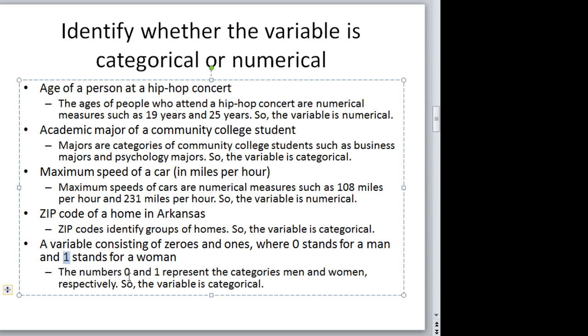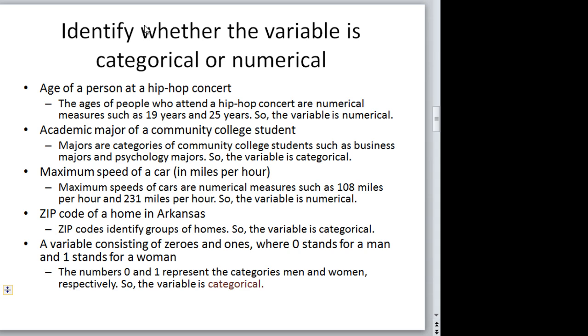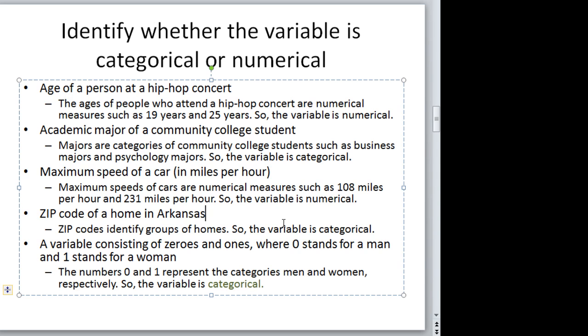It's just a representation of different types of human, right? Man and woman. So this is also considered categorical. This is a little bit confusing, but that's an exception. It's a number, but doesn't really have a numeric value, right?